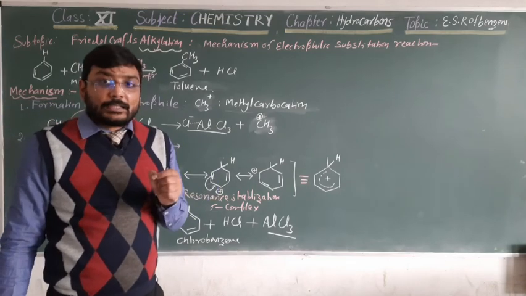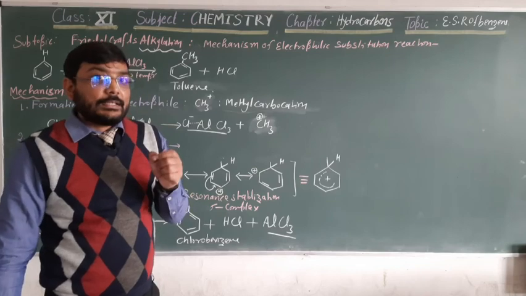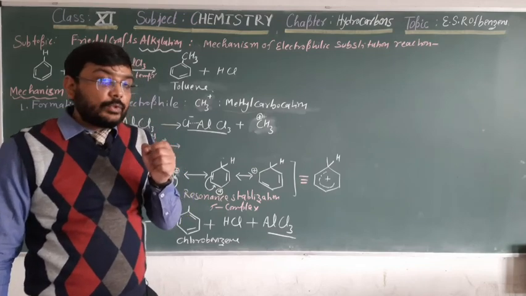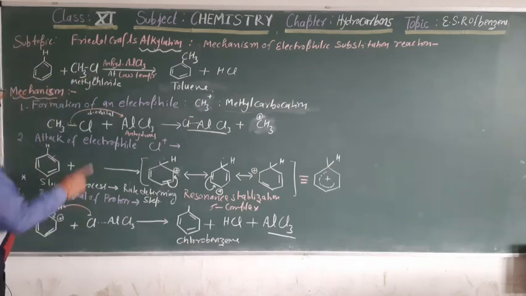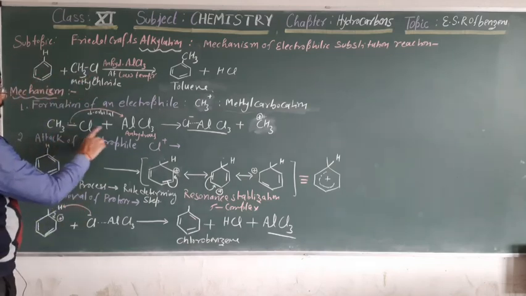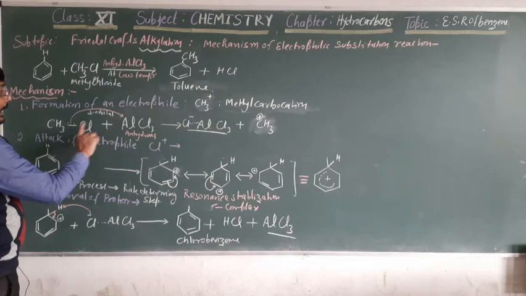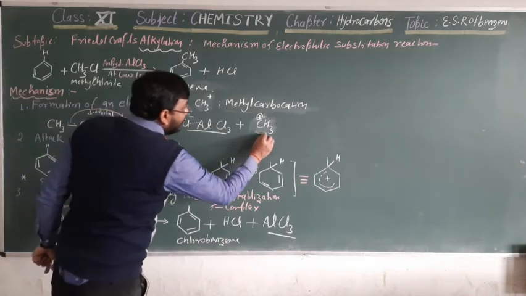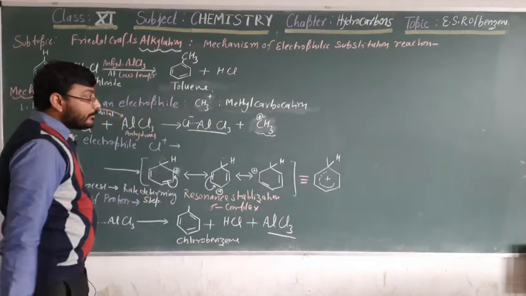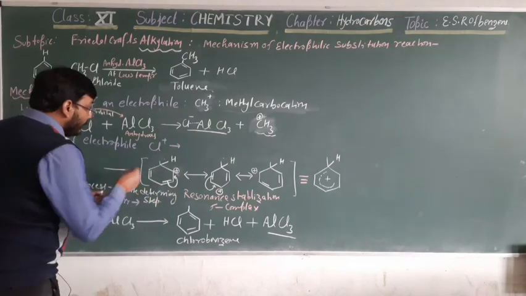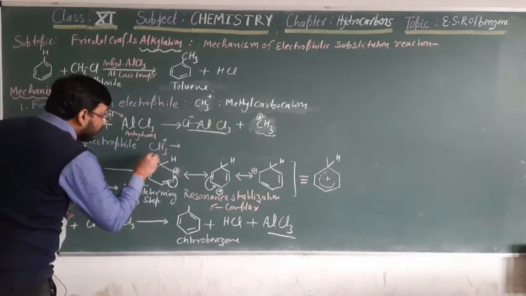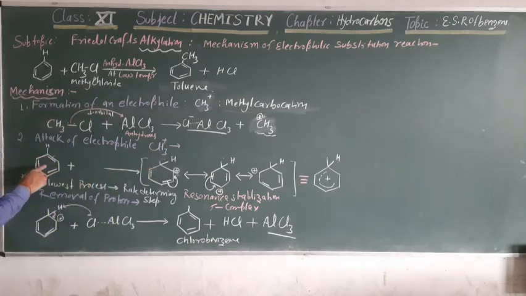In alkylation, which reagent do we need to take? Alkyl halide. So I have taken methyl chloride. This methyl chloride first reacts with the aluminum chloride and generates the methyl carbocation. Then the methyl carbocation as an electrophile will attack the benzene ring.